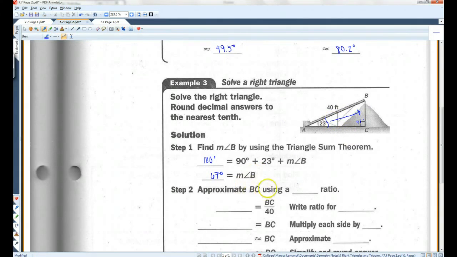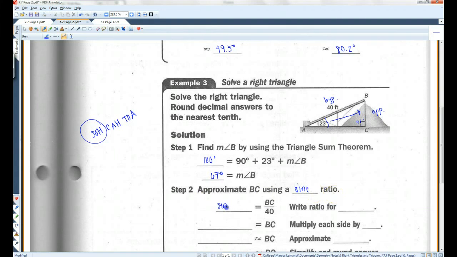I'm going to approximate BC using, well, let's see. This is the opposite side. The only side we're given is the hypotenuse. If you think SOHCAHTOA, opposite and hypotenuse, we're going to use sine. So we're going to approximate BC using a sine ratio.